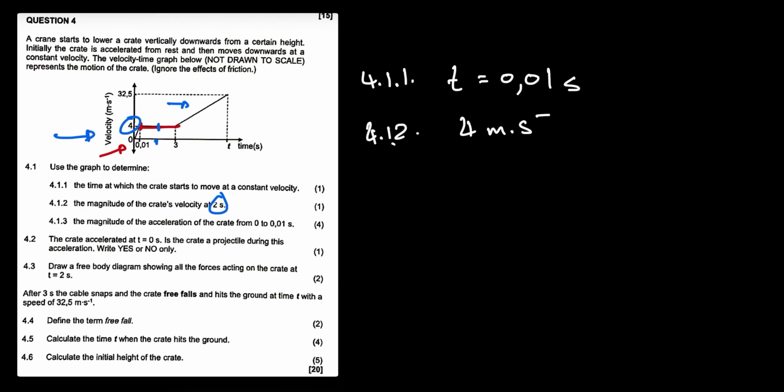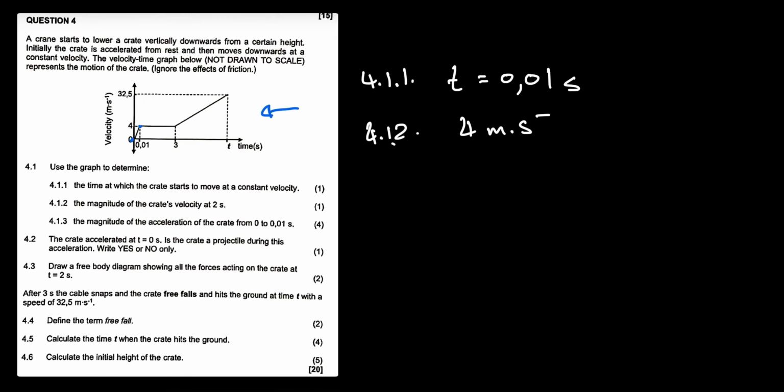Now the next question says, use the graph to determine the magnitude of acceleration of the crate from 0 to 0.01 seconds. So we want to determine the acceleration from this point here to that point. If we are looking at the velocity-time graph, acceleration is the slope of the graph.